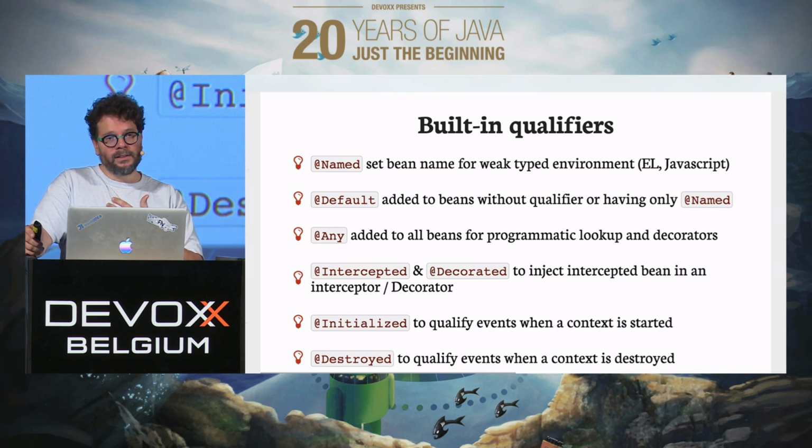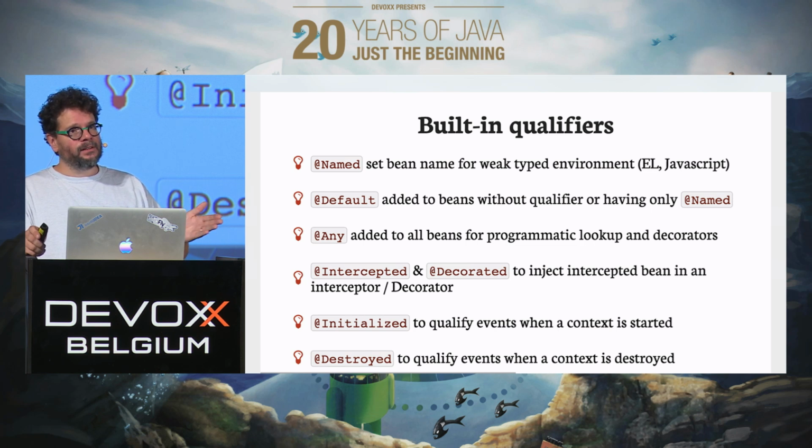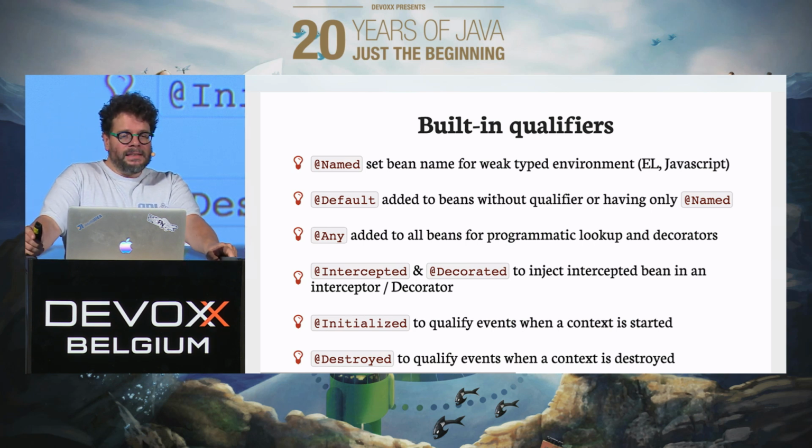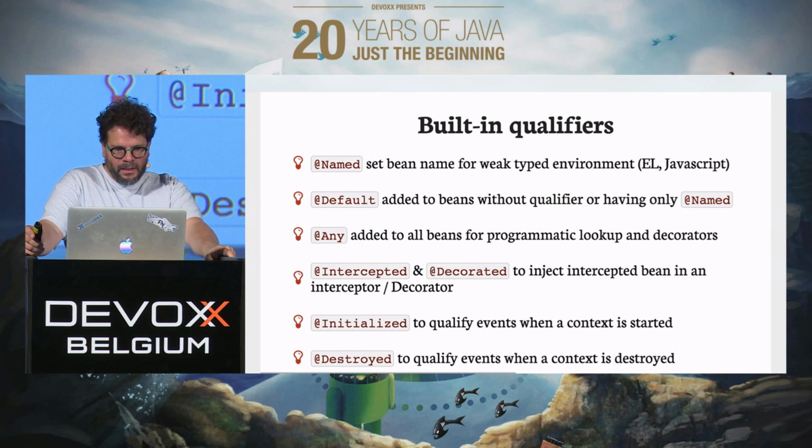So it's the way to get the bin from the UI. You have the @Default qualifier, which is added to the bin when the bin doesn't have any qualifier or only has the @Named qualifier. You have the @Any qualifier, which is added to all the bins and will be very useful when you do a programmatic lookup. We will see the programmatic lookup later, so you will keep in mind this @Any.